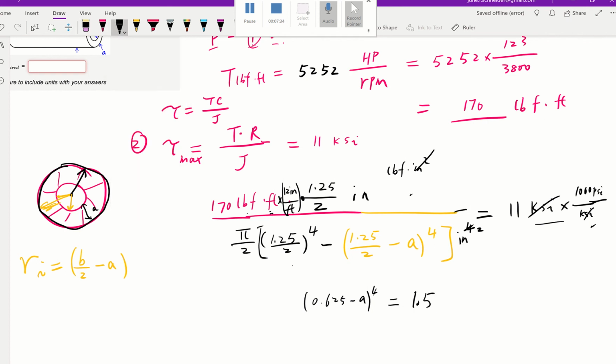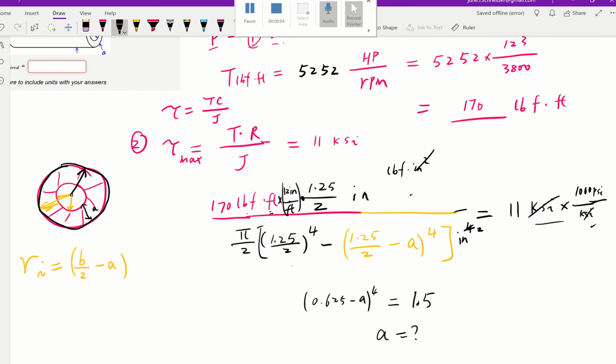I'm making the most simplistic assumption. Then you can put it into Wolfram, which we talked about in one of the videos, that online platform, and solve for A. Or you can solve it yourself. No matter what, you can find your A.